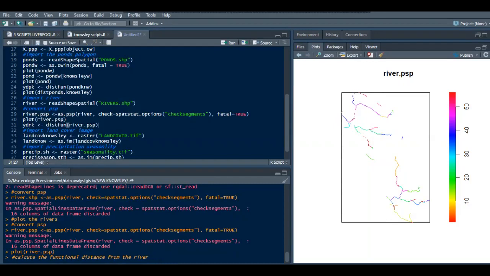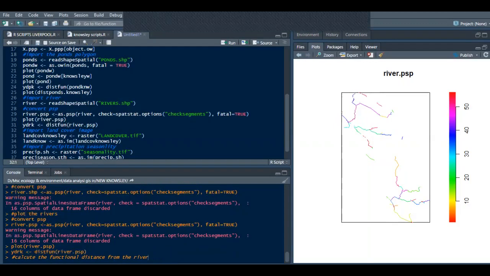So when I run this, we use the distance function distfun. Maybe I will just write distance river here to avoid wrong names. Distance river. So run it again.